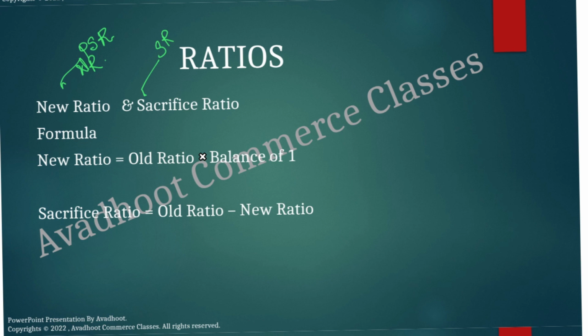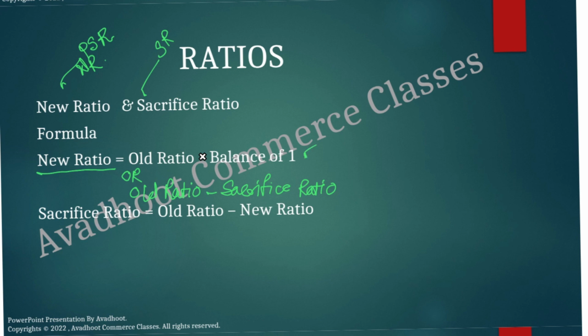Now here, what is the formula? For calculation of new ratio, the formula is old ratio multiplied by balance of 1, or by another way you can calculate the new ratio as old ratio minus sacrifice ratio. Generally the first one is used here. Now, what is the balance of 1?